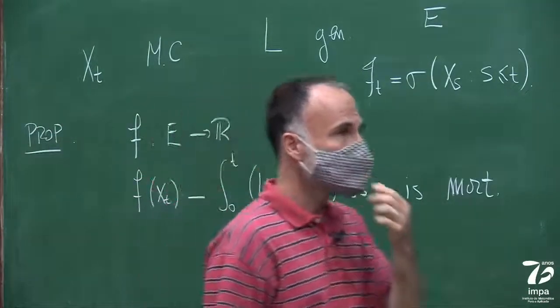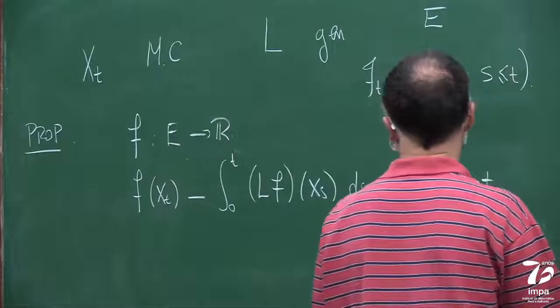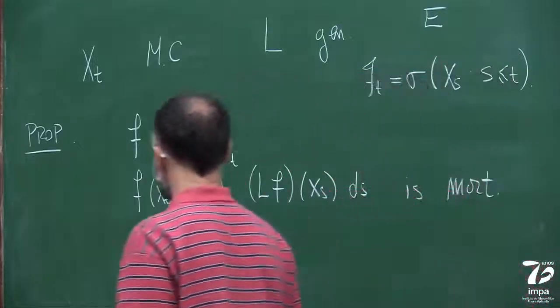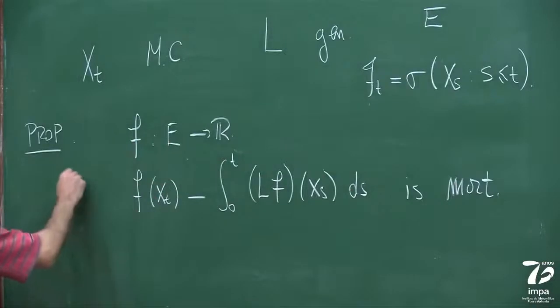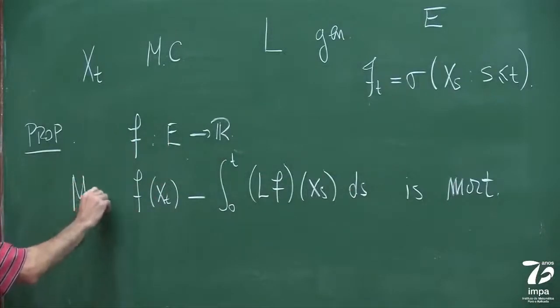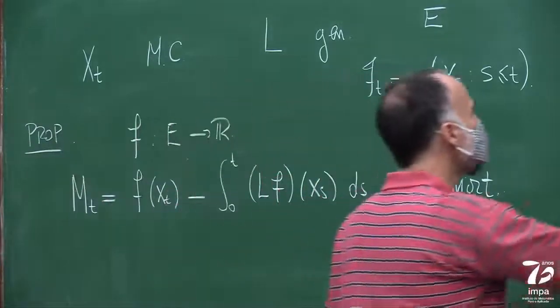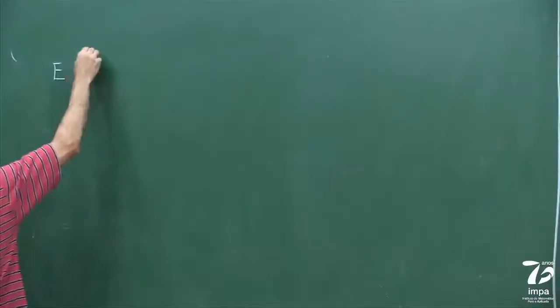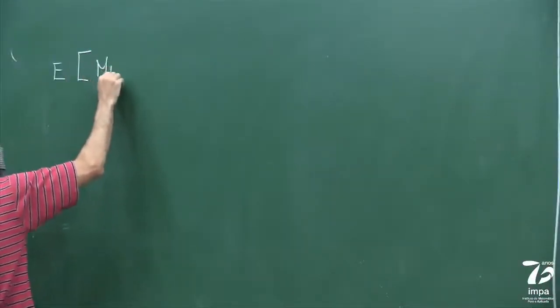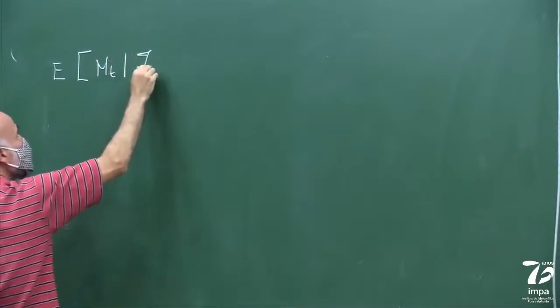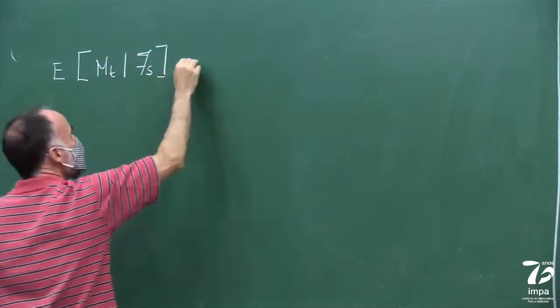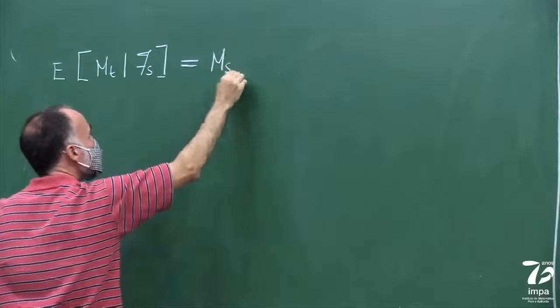So what really remains to prove is, since I'll prove that this is a martingale, let me call that M_t, that the expectation of M_t given F_s is equal to M_s.